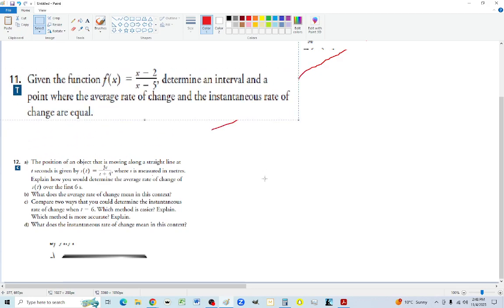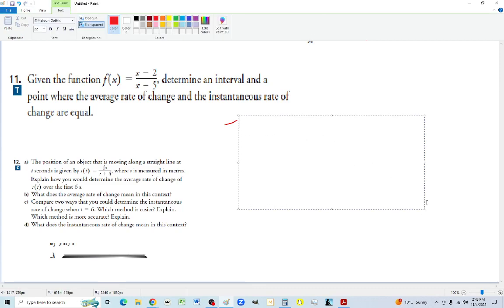Yeah, that's a good question. Perhaps find the, oh, I think this is a graphing question. So let's just try using graphing.